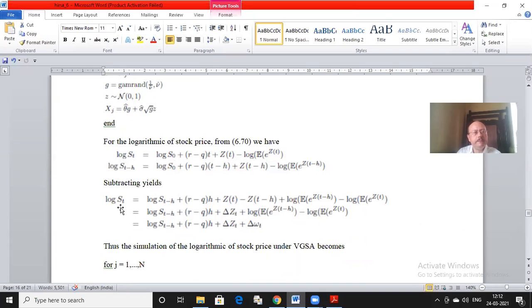So if I subtract, I'll get log St equal to log S(t minus h) plus this correction term, the difference of the log expectations. Now what do I do? I write z(t) minus z(t minus h) as delta zt, and this difference of log expectations as delta omega t.